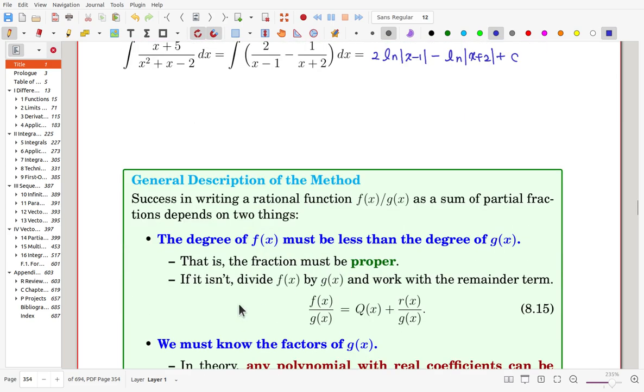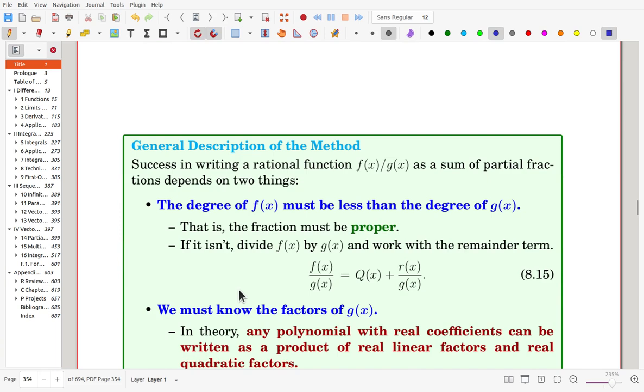Here we have a general description of the method. For the rational function f of x over g of x, the degree of f of x must be less than the degree of g of x. That means that the fraction must be proper. If not, you can divide f of x by g of x and express it in this way.